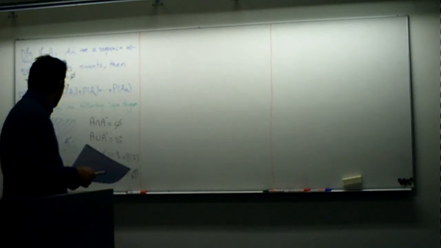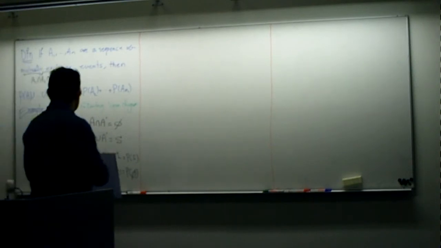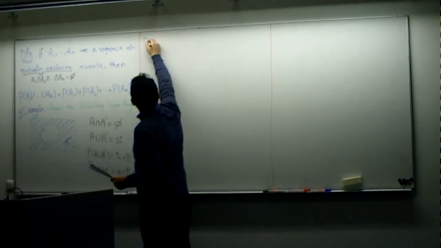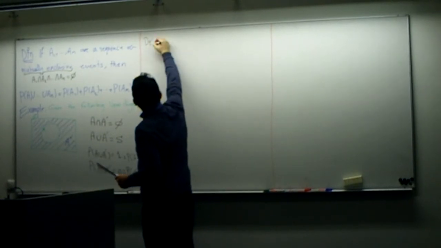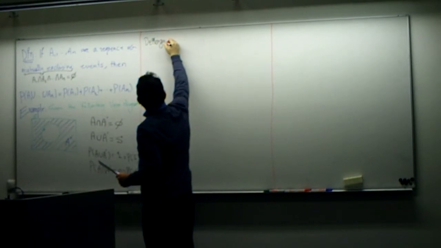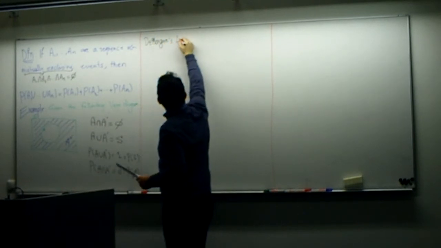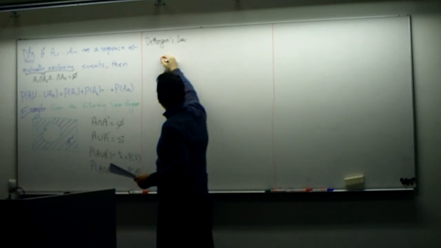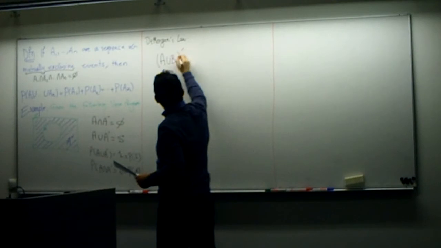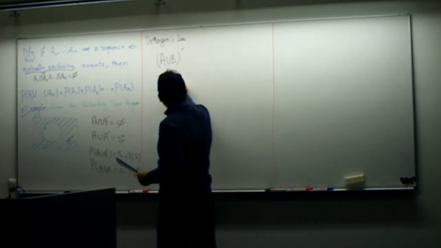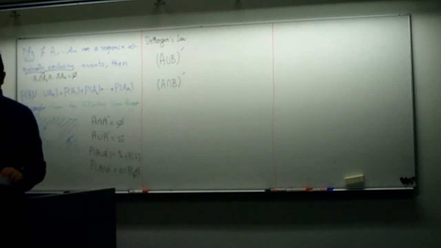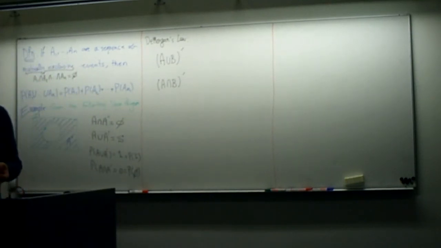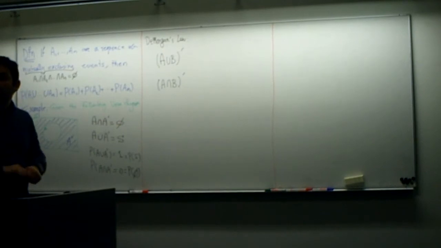You may remember something which is known as De Morgan's law. Which is (A union B) prime and (A intersected B) prime. Do you remember that?